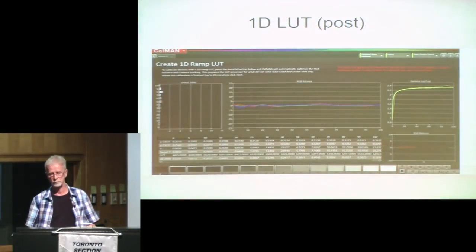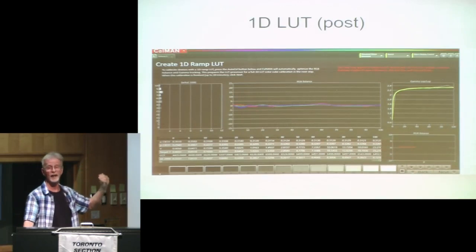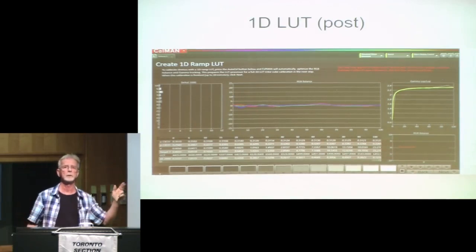After a 1D LUT, now that we've loaded this LUT into the display, you can see the gamma correction is not bad. We got a little bit of a hump on the very top. That's fairly typical of large displays. Once they get up very close to the peak white, they don't put out as much at 90 and 80 as they actually should. I don't know if that's the green factor, the Energy Star that they're doing, or they're cheaping out on power supplies.